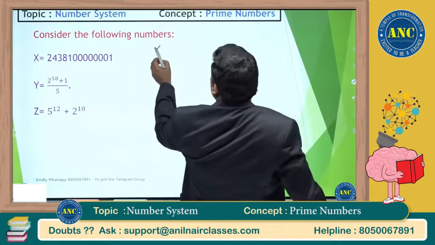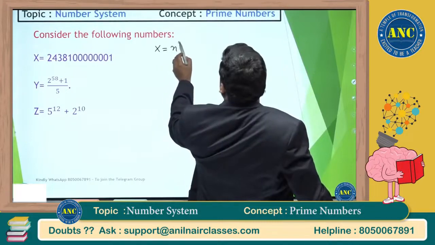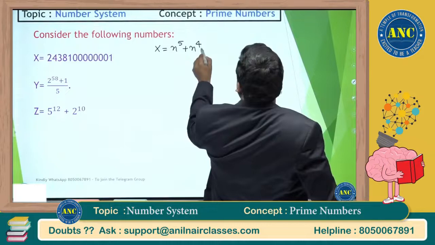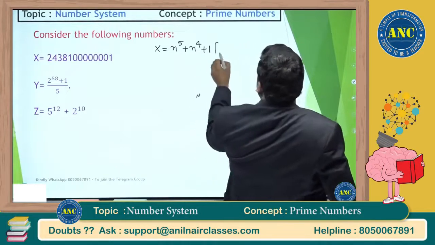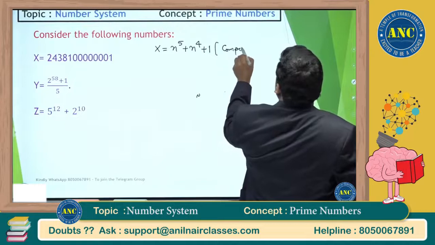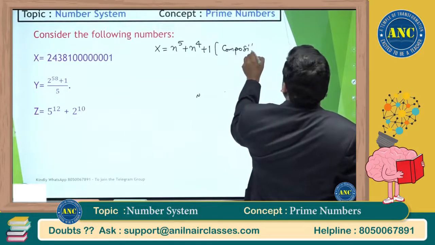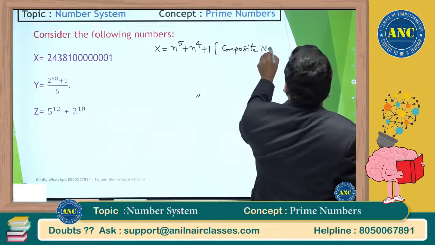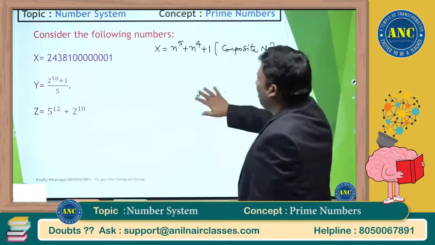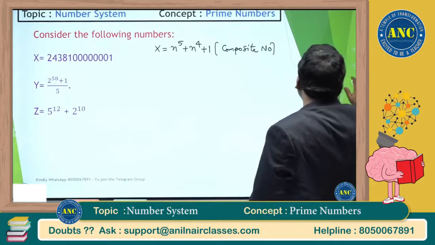What did we discuss right now? X equivalent to n power 5 plus n power 4 plus 1. This is a composite number. Any question you find of this form, it is a composite number.